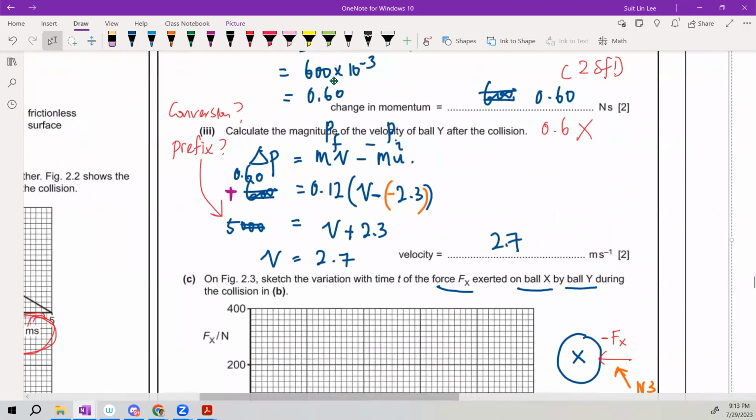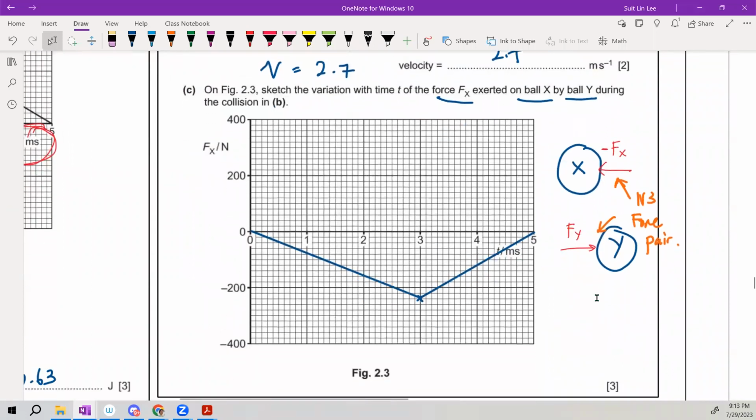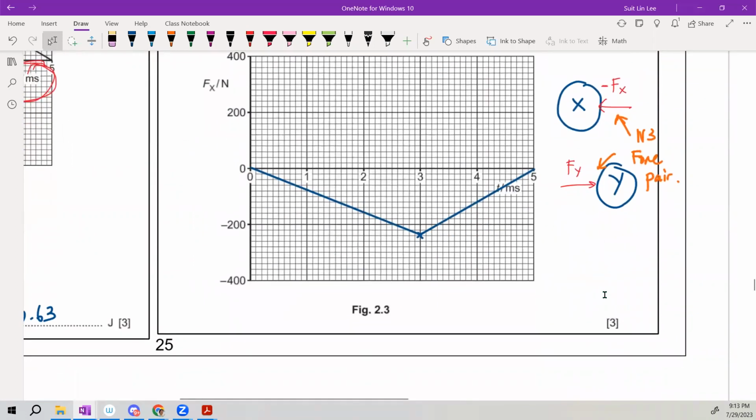Because there's change in momentum, there's a change in velocity. If you feel like it, you can even use conservation of momentum to find the velocity of the other ball and double check. Okay, so you know what, let's do that. So you can use the sum of the initial momentum is the sum of the final momentum.